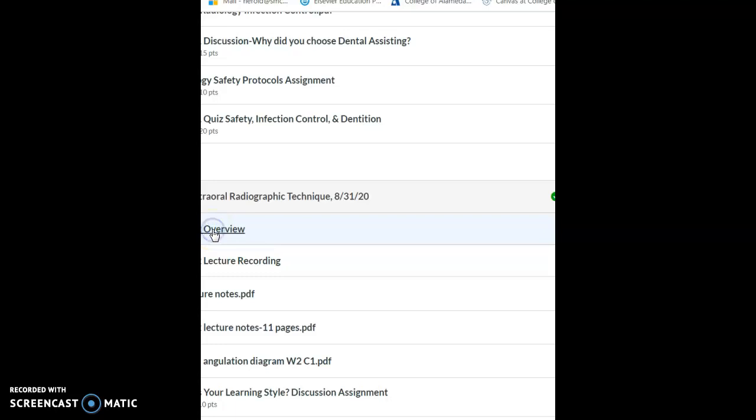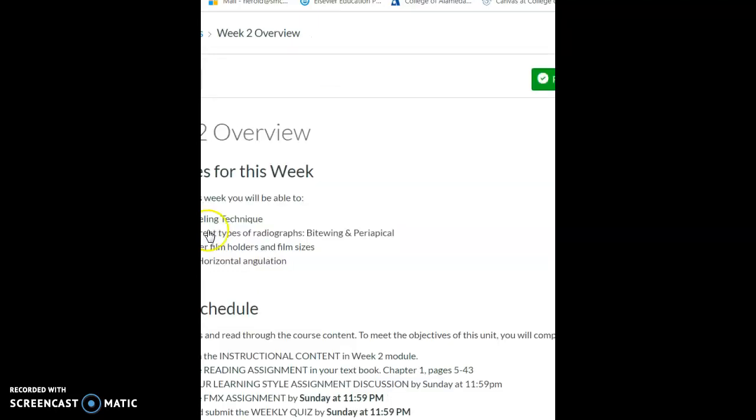So if we look at the overview for Week 2, by the end of this lecture, this week, you'll be able to understand the paralleling technique. You'll be able to identify all the names of the different kinds of x-rays in the full mouth x-rays. There's periapicals and bite wings, and you'll know the difference of the two and why we take a periapical and why we take a bite wing.